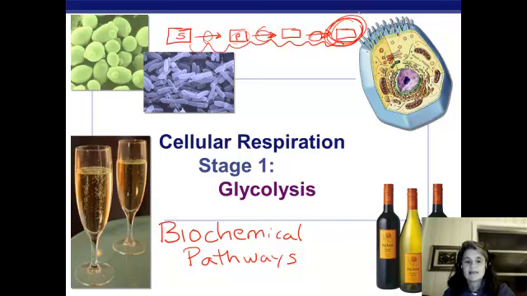Okay? Cell respiration is a huge, long biochemical pathway. And if you take some sinister, evil cell biology course in college, you may have to memorize all the steps of it. We are going to memorize, or hopefully understand, important concepts within it.